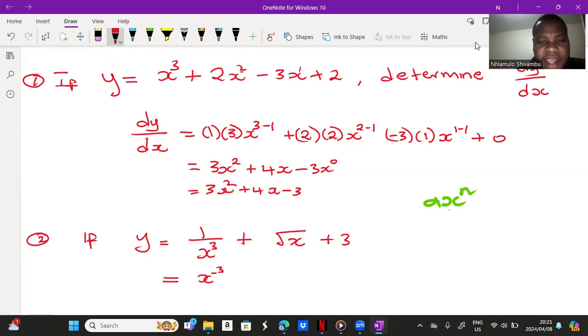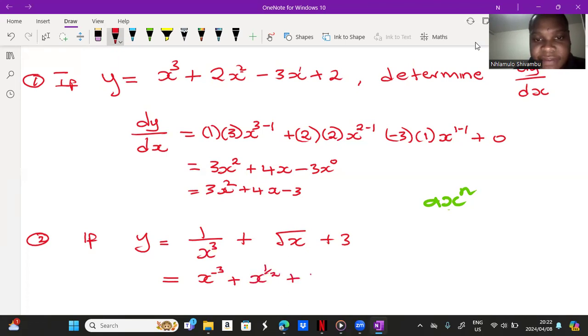So with the root of x, we're going to make sure that we write it in the standard form. So we know that anything that has a square root is the same as that term to the power 1 over 2, or to exponent 1 over 2. So root x will be written as x to the power 1 over 2.